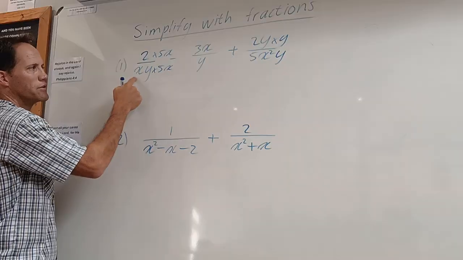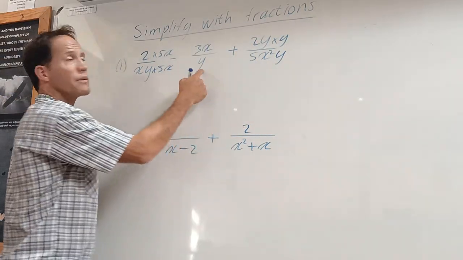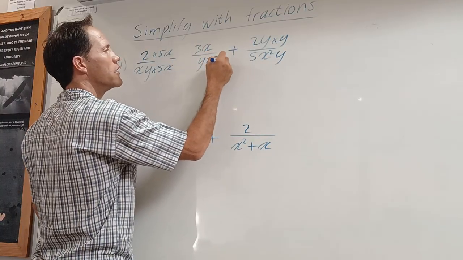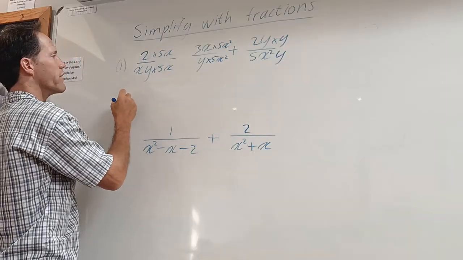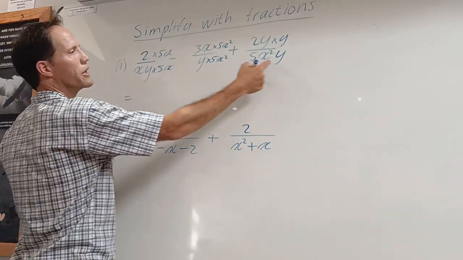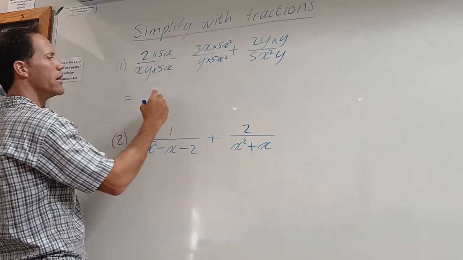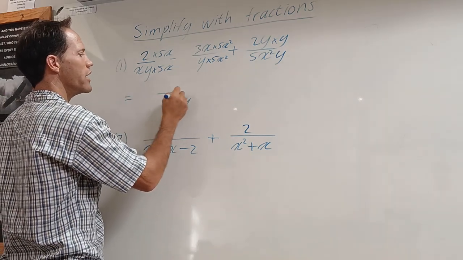Now 5x times x is 5x squared, and y, the same as this one, 5x squared y. This one only has a y, so we're going to multiply it by 5x squared. Now all of them have exactly the same denominator, 5x squared y. So we can now make it one denominator, 5x squared y.